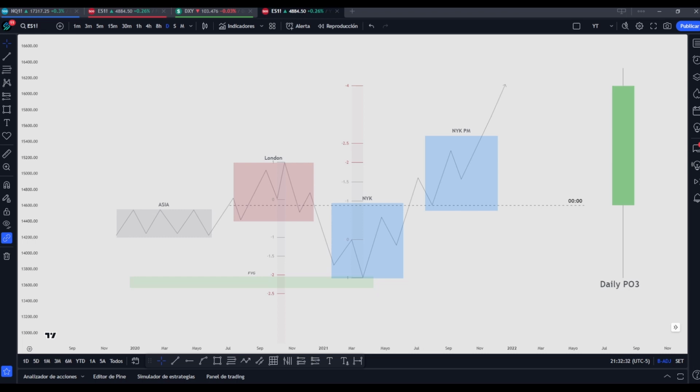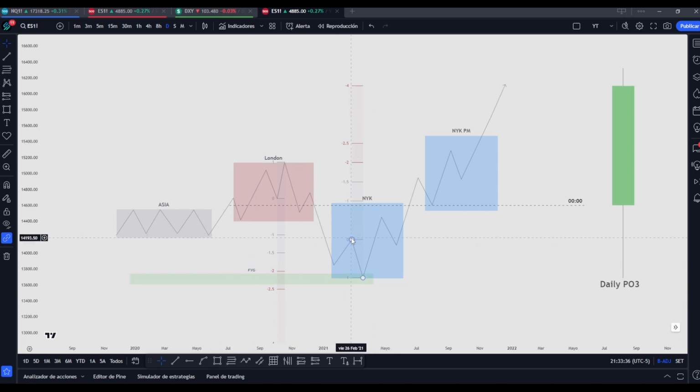We project lower after we have our manipulation leg on London. Project bearish to complete our AMD, targeting some internal liquidity or some external liquidity. Price just moves between three things: internal, external, and equilibrium. Internal liquidity is fair value gaps.